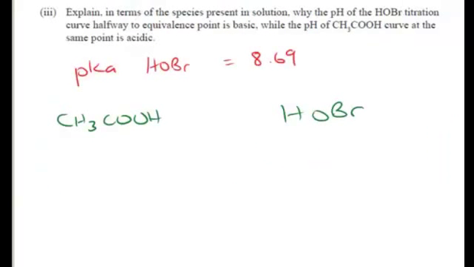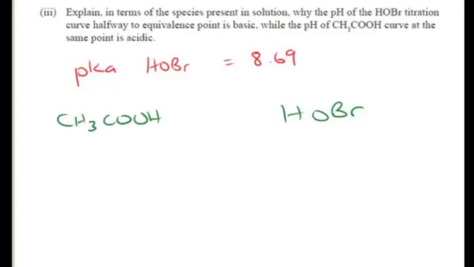The third part of this question is asking to explain why the pH of the HOBr titration curve halfway to the equivalence point is basic while the pH at the same point is acidic, and this is just to do with differing degrees of acid-base strength.